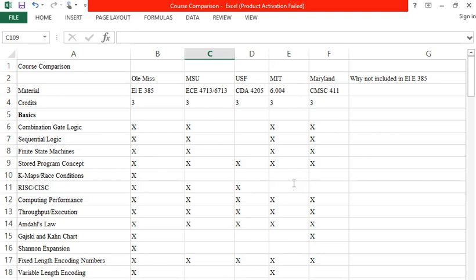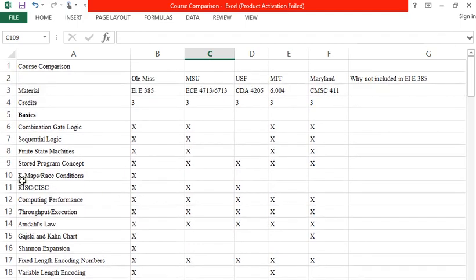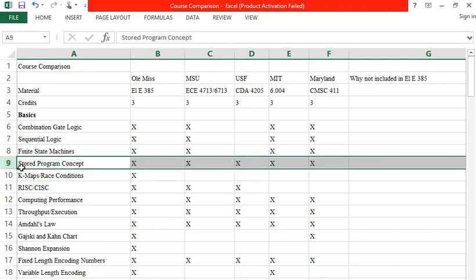So I've gone through and talked about what was covered in specific courses, just to show you the comparison of the higher level courses, or how it's offered throughout the country. As you can see here, we went over K-maps and race conditions, combinational logic gates, sequential logic, finite state machines, stored program concept, that's load word and store word, as I'm sure you know now.